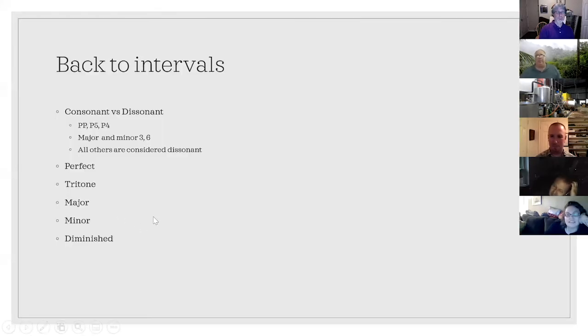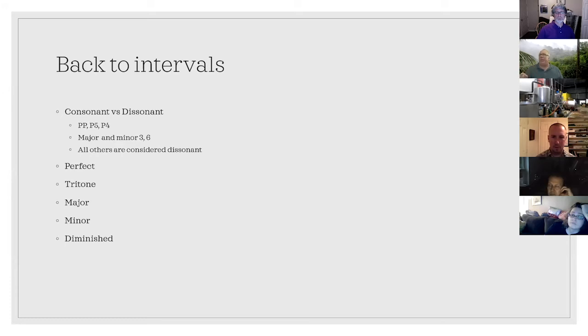So that kind of covers the diminished. And so when we talk about a diminished interval, it is really talking about anytime that you lower the octave, or anytime that you lower the fourth, or if you lower the fifth. Those are diminished intervals, because you take a perfect interval and you make it less than that. Now, if they are not perfect intervals, if they're minor intervals, and you lower a minor interval, we also call that a diminished interval.